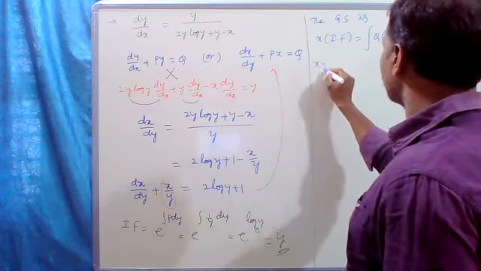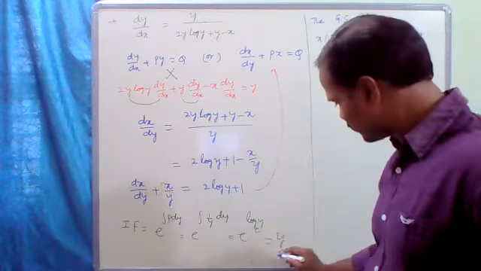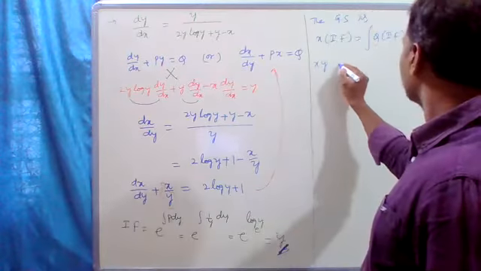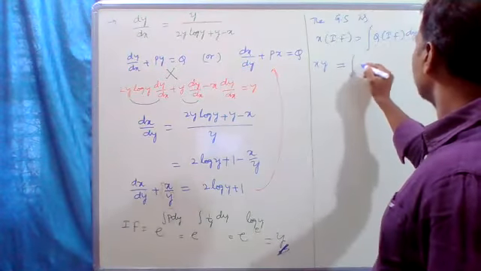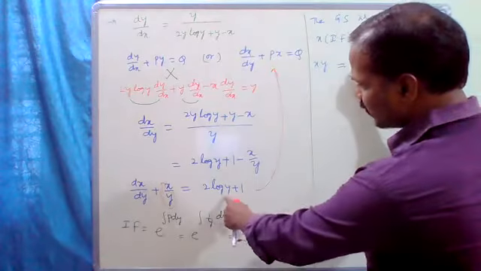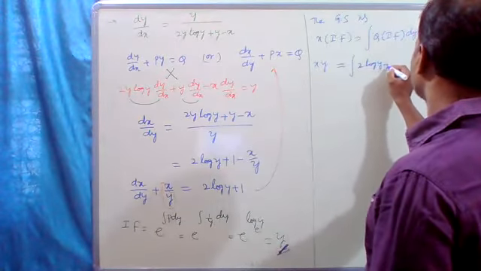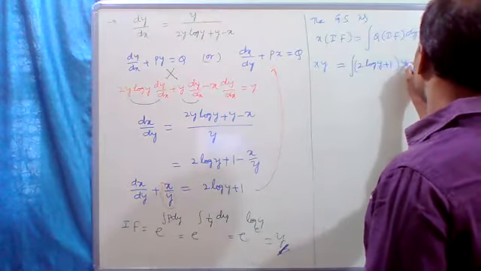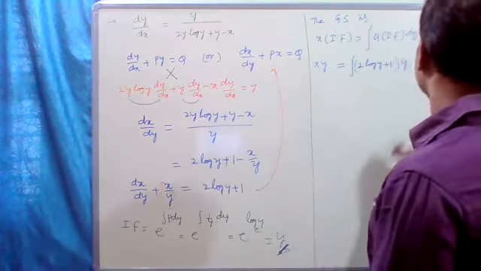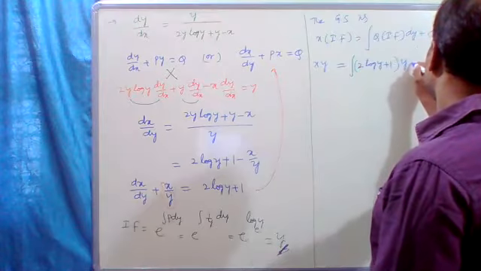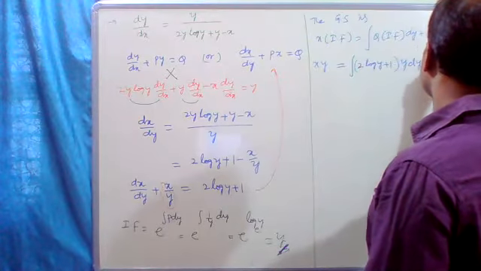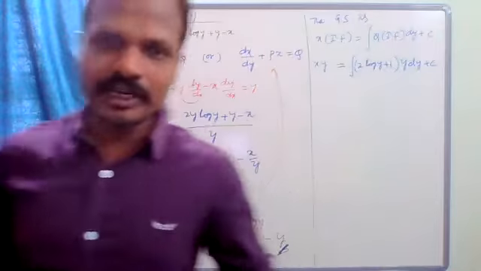So x into y, IF value y, equals integral of q, which is 2 log y plus 1, into IF value y, dy plus c. So on the left side, you need not simplify.